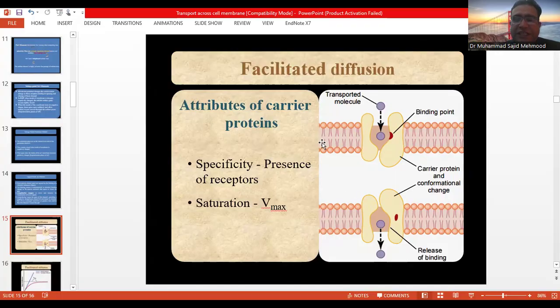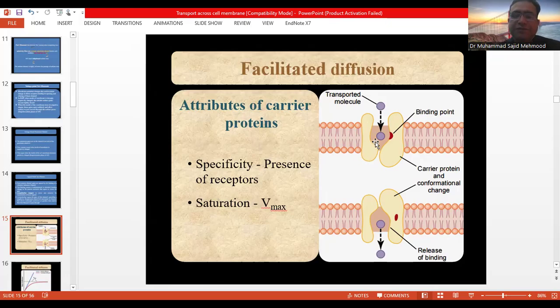Now, what is facilitated diffusion? In case of simple diffusion, there was just passage of molecules from higher concentration to lower concentration, and there was no conformational change taking place.